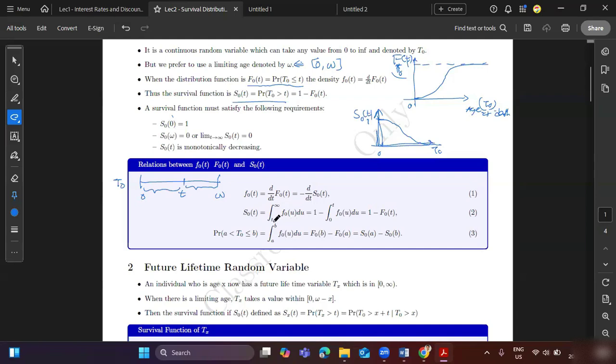So we can use these two integrals to find this survival probability value. This is also a possible way of finding the survival probability.